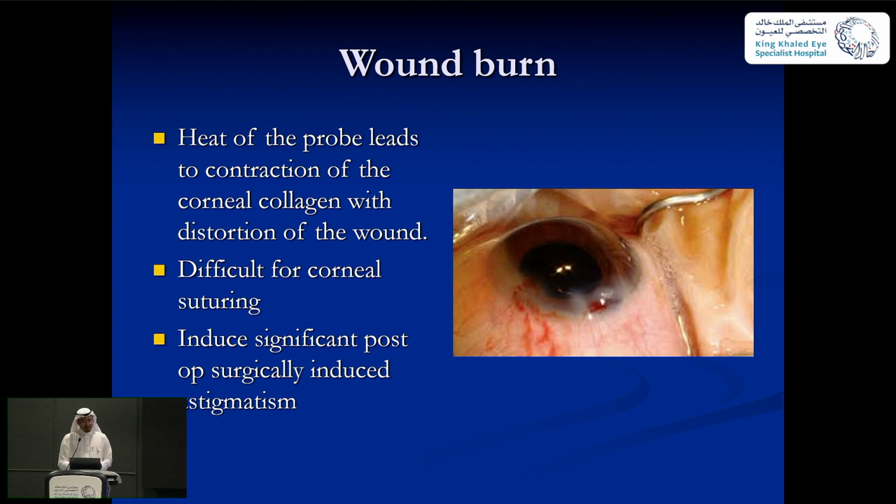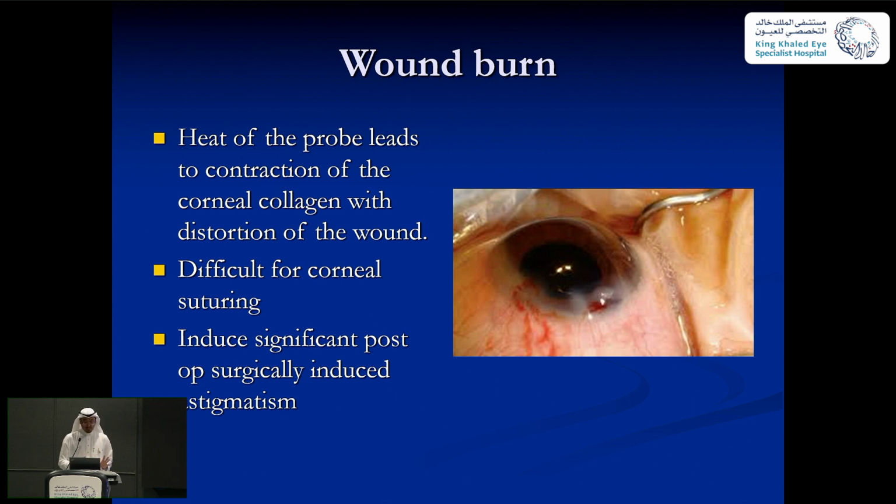So in the absence of fluid through the wound, one of the methods that you can use to decrease the wound burn is to irrigate the wound while doing phaco of the hard nuclei.